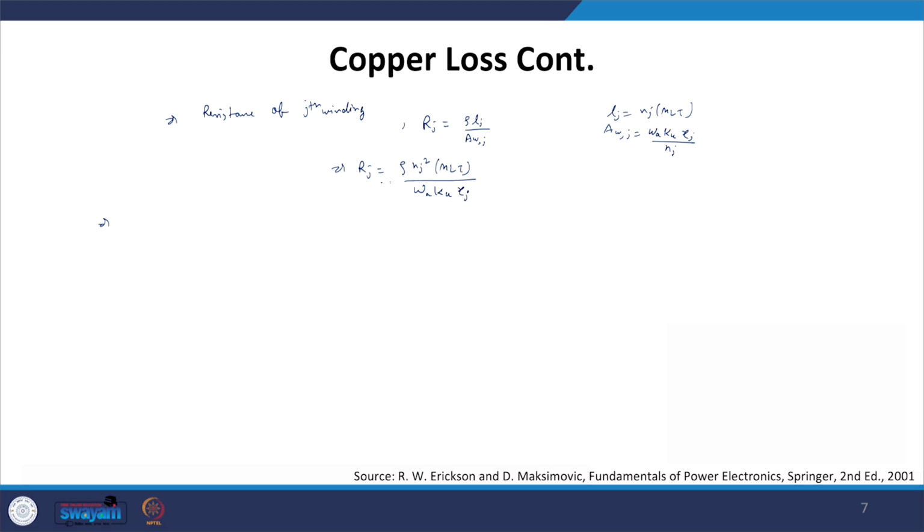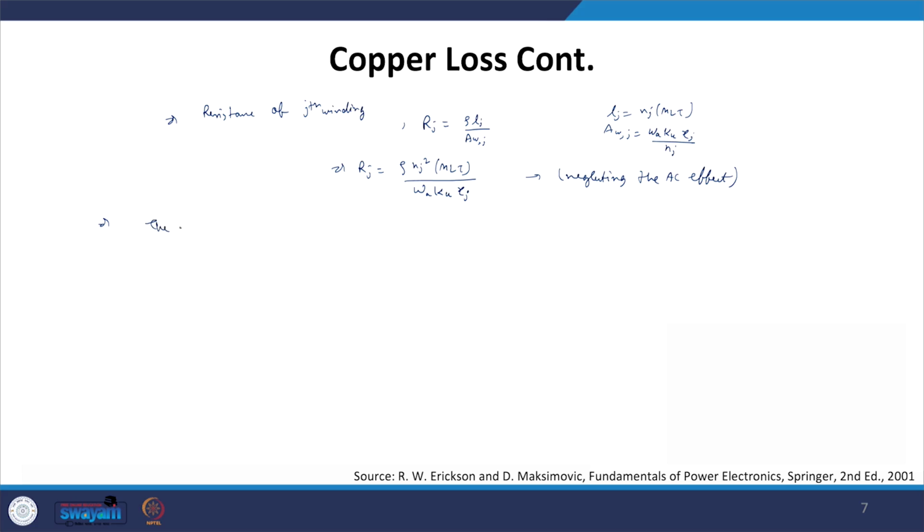Now the resistance we obtain over here is neglecting the AC effect, because if the AC effect comes into the picture, then you also have to take the skin effect and proximity effect, but for simplicity we are now just taking only the DC resistance part.